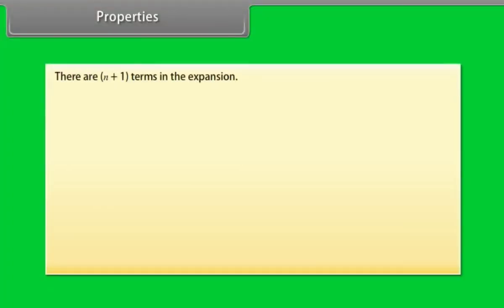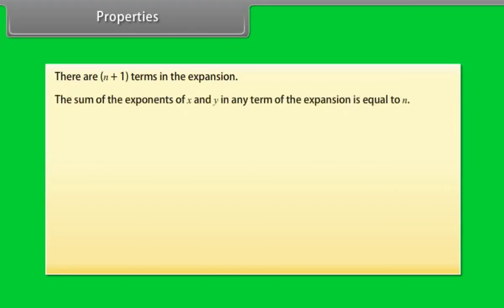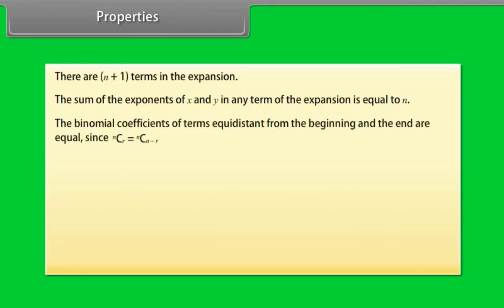Properties. There are n+1 terms in the expansion. The sum of the exponents of x and y in any term of the expansion is equal to n. The binomial coefficients of terms equidistant from the beginning and the end are equal, since nCr is equal to nC(n-r).